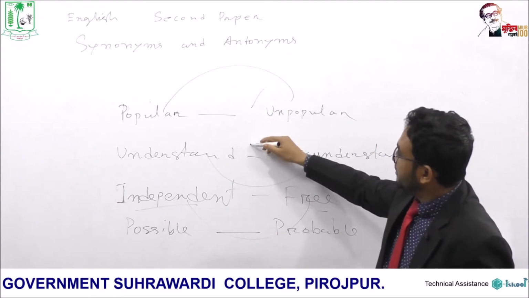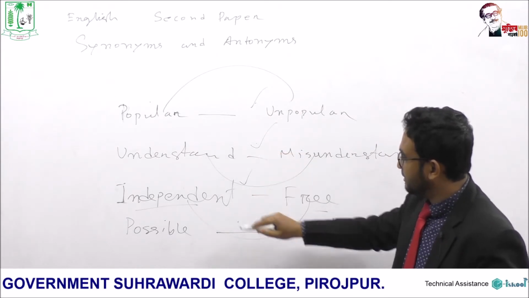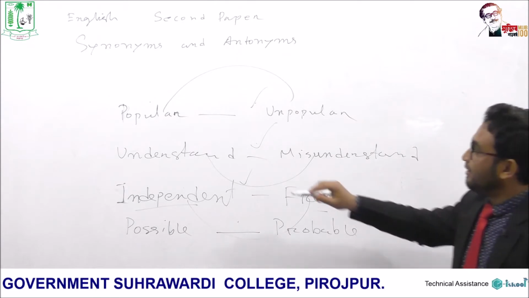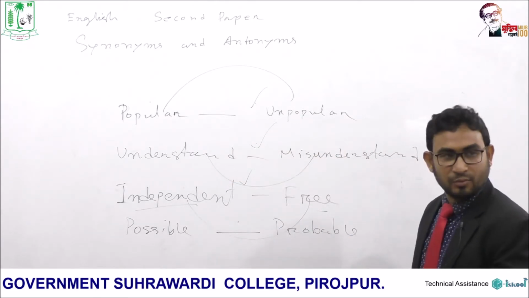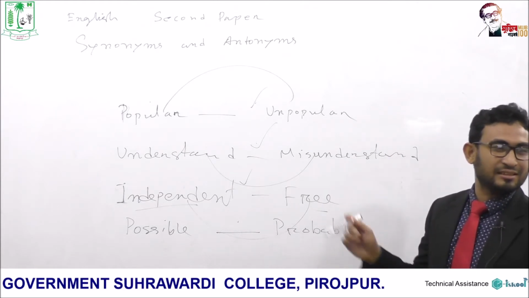One pair, this is one pair, that is another pair, this is one pair, and this is another pair. So we see here 8 words. And among these pairs of words, there are two kinds of relationship. Can you guess this relationship?